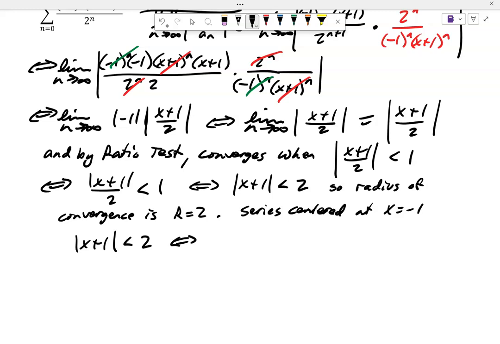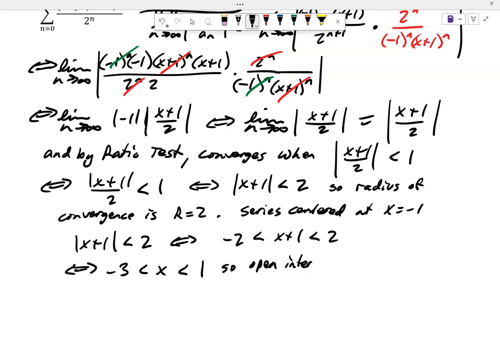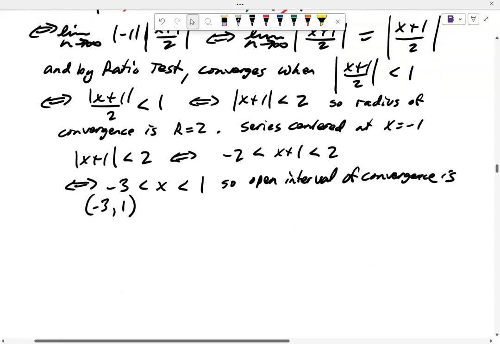So finding the open interval of convergence, let's use that statement that the absolute value of x plus 1 is less than 2. Let's subtract 1 on all sides. And there's our open interval of convergence, from -3 to 1.